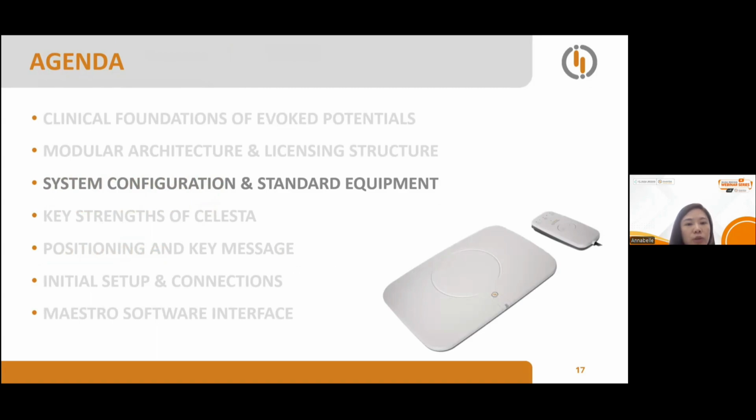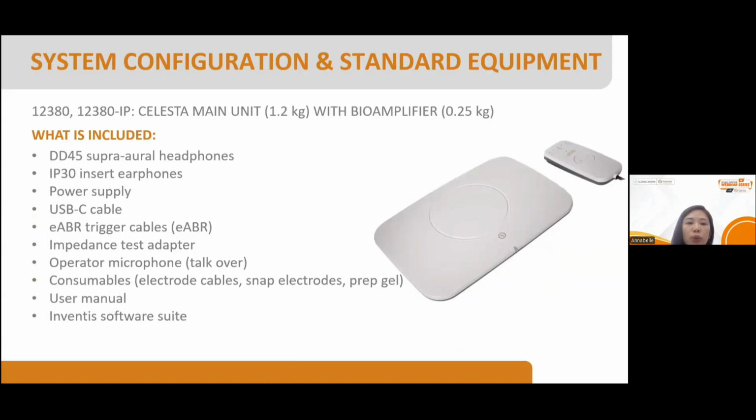So after we talk about the modular architecture and licensing, we then talk about the system configuration and the standard equipment. Okay, so we have a very lightweight Celesta main unit, just like a laptop, 1.2 kg, and then a BoW amplifier, which is also very small, light but strong.